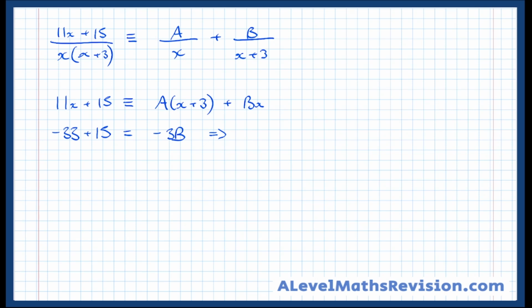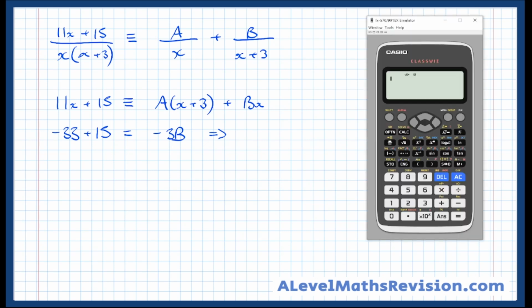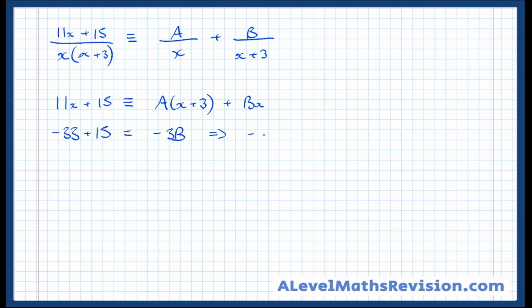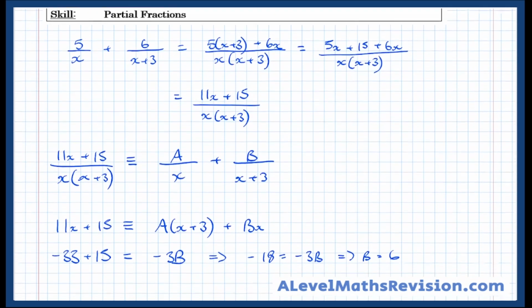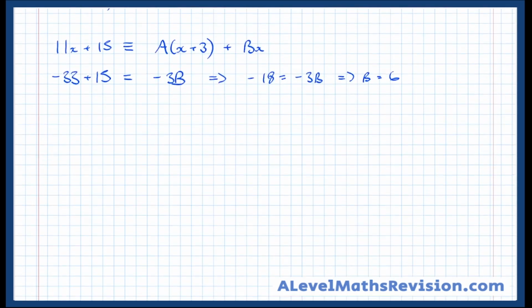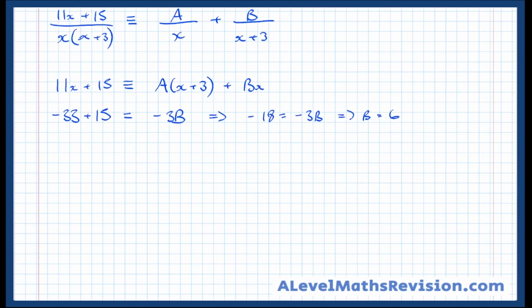Okay. So minus 33 plus 15. When exam nerves get you, don't do any calculations in your head. Make use of the calculator. So minus 18 equals minus 3B, which means that B equals 6. As we expected, the number over x plus 3 is 6. Right, let's do another. So the next one we've got to sub in to make this collapse to 0 is x equals 0.